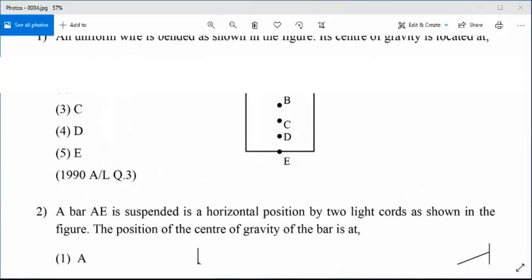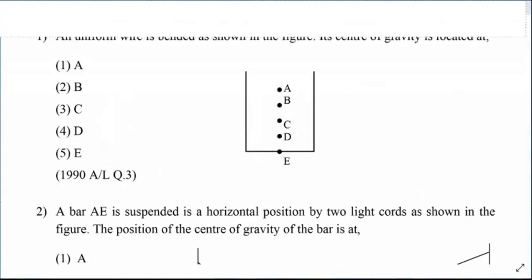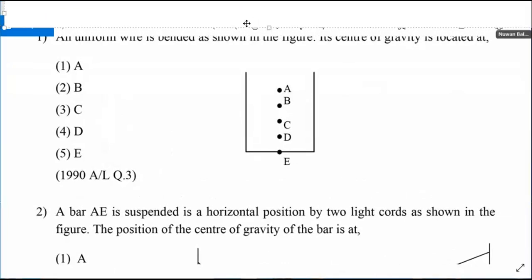Check whether you are able to see the tute now, the first question. Yes, sir.